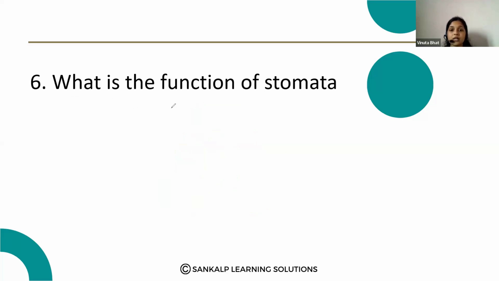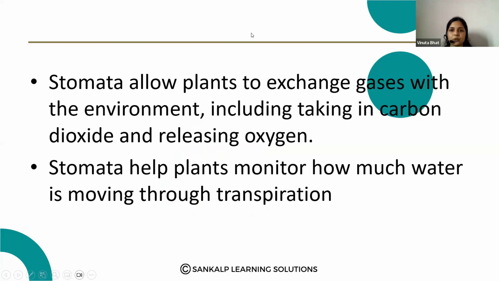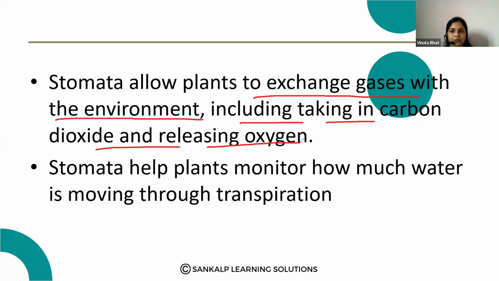Next, what is the function of the stomata? For a 1 mark question: stomata help the plant exchange gases with the environment, including taking in carbon dioxide and releasing oxygen. During respiration, it takes in oxygen and gives out carbon dioxide. During photosynthesis, it takes in carbon dioxide and releases oxygen.